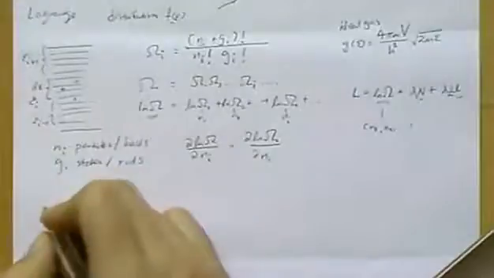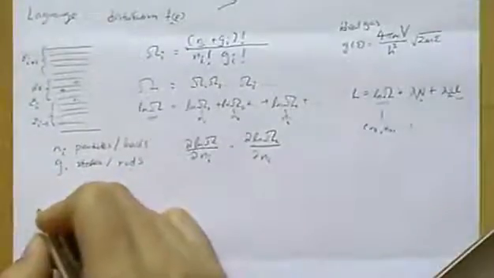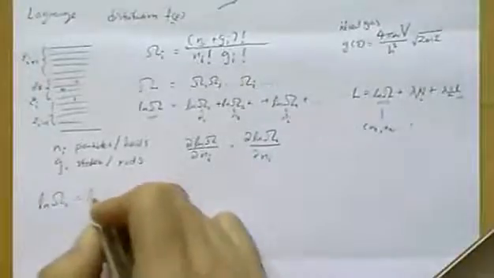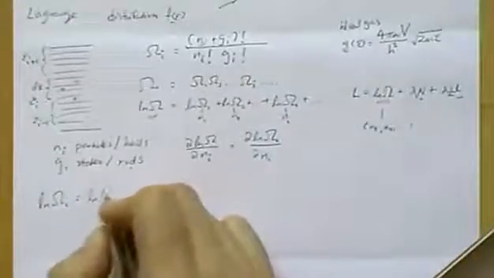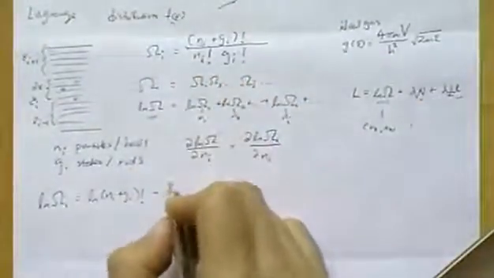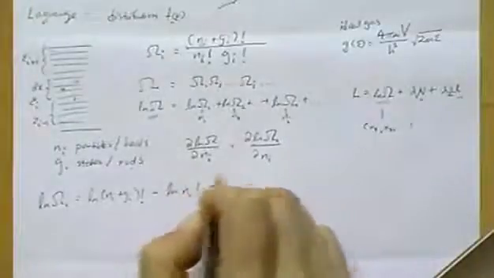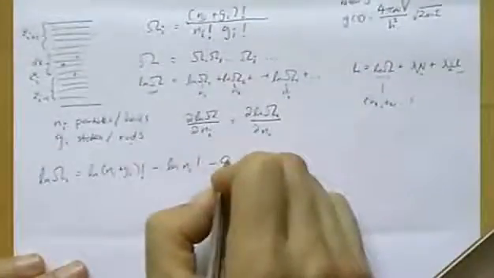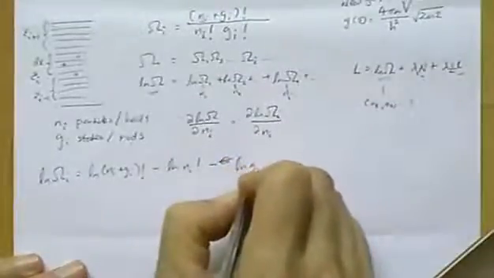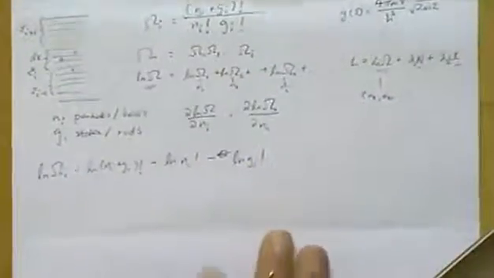So log of omega i is equal to log of (ni plus gi) factorial minus log of ni factorial minus log of gi factorial. Okay, so that's what I need to differentiate.